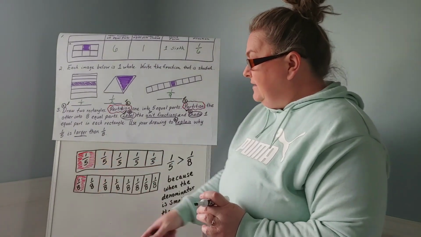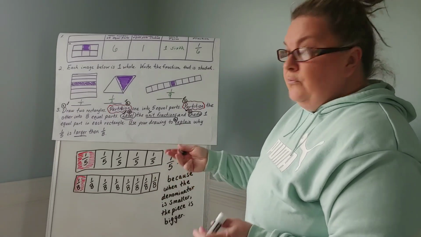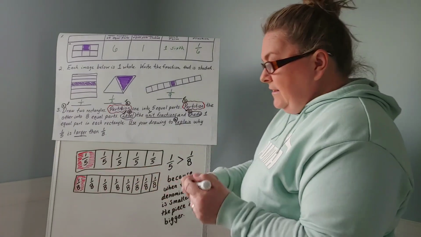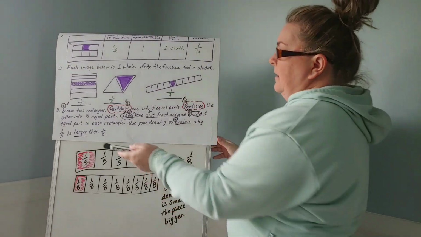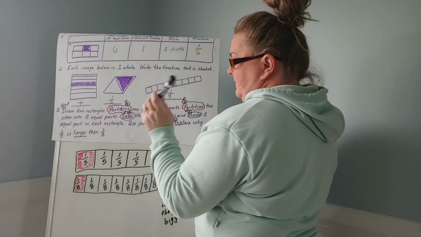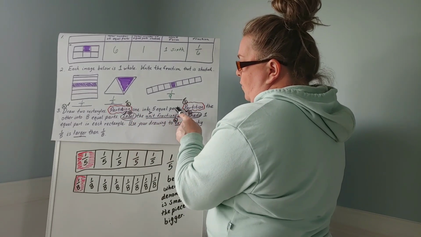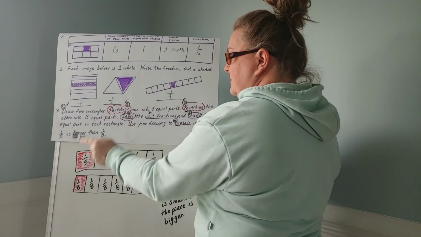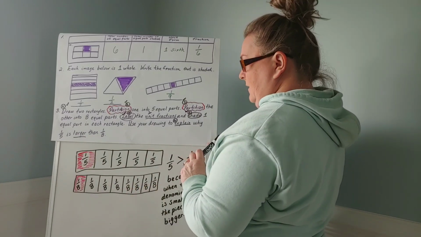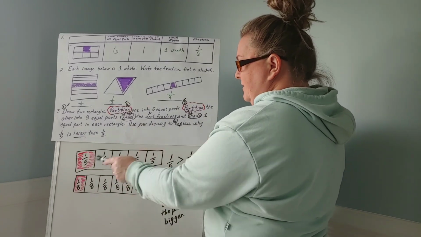Look at, and you did a great job showing or proving that 1/5 is larger than 1/8 with our picture. All right, let me check my work. Did I draw 2 rectangles? Yep. Did I partition one into 5 equal parts? Yep. Did I partition the other into 8 equal parts? Yep. Did I label the unit fractions?